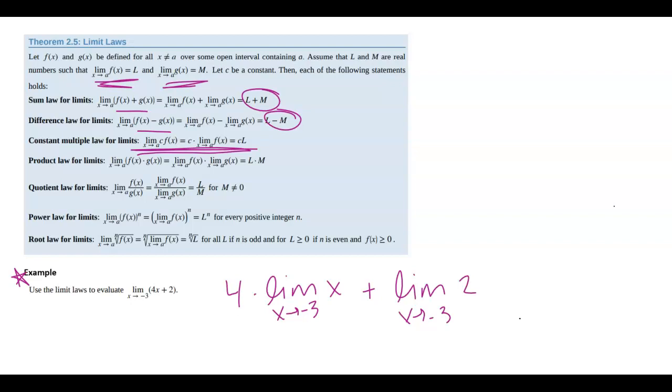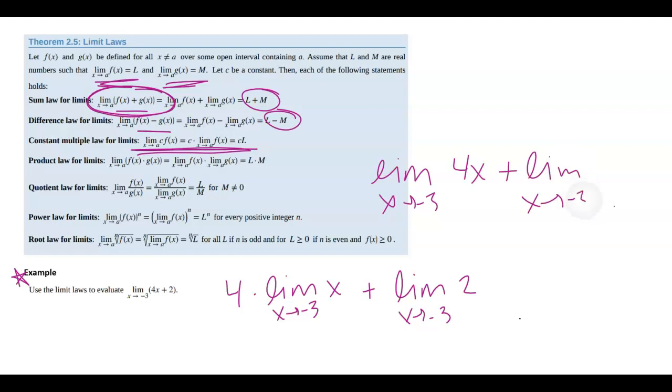I'm using this rule here first to say that this would be the limit as x goes to negative 3 of 4x plus the limit as x goes to negative 3 of 2.